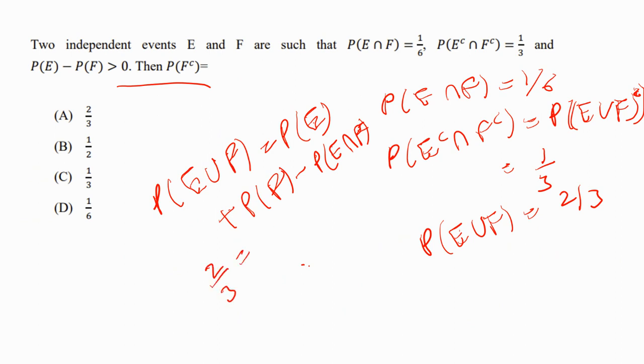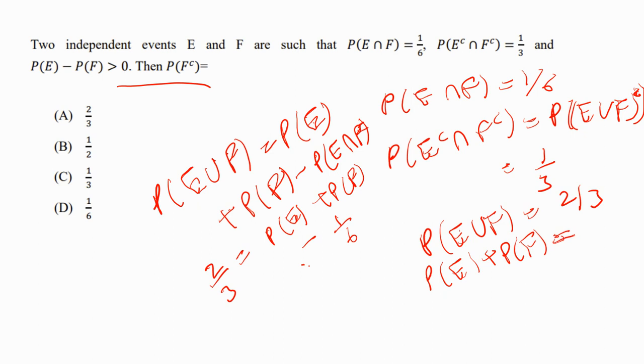And this is probability of E plus probability of F, minus probability of E intersection F, which is 1 by 6. So what we have here is that probability of E plus probability of F is equal to 2 by 3 minus 1 upon 6.